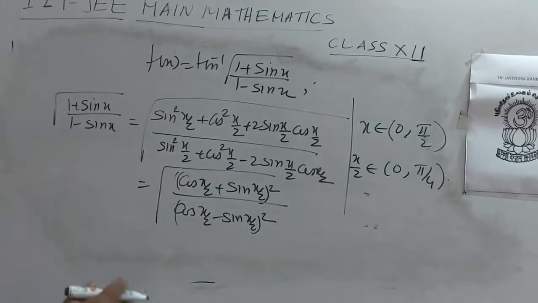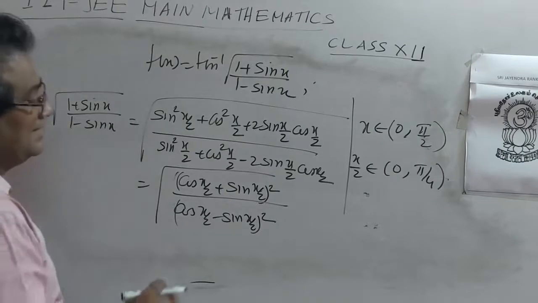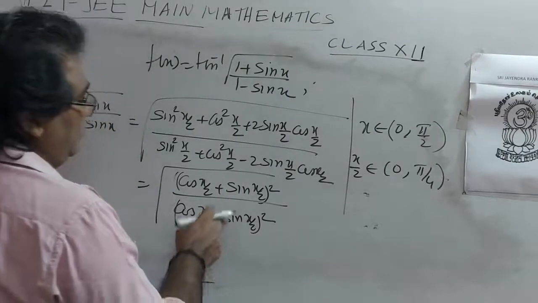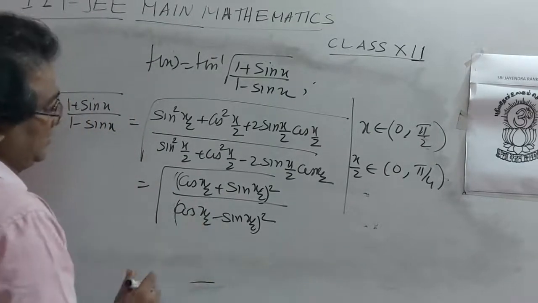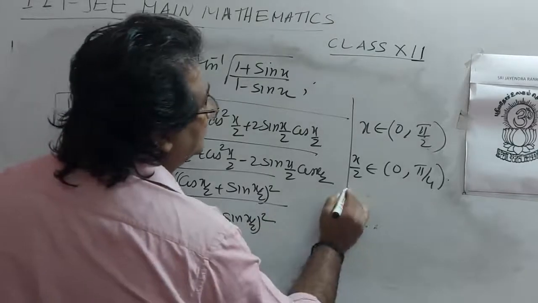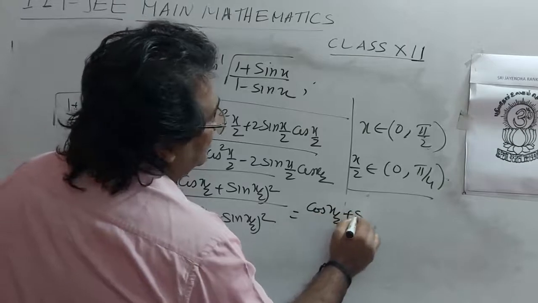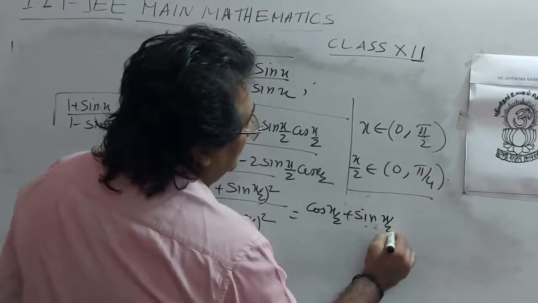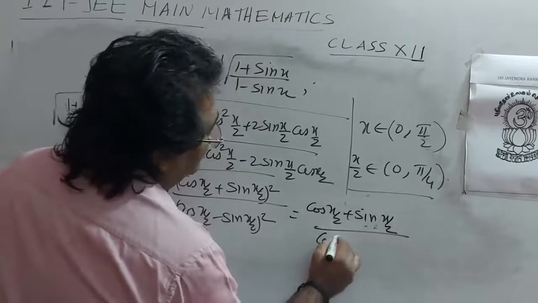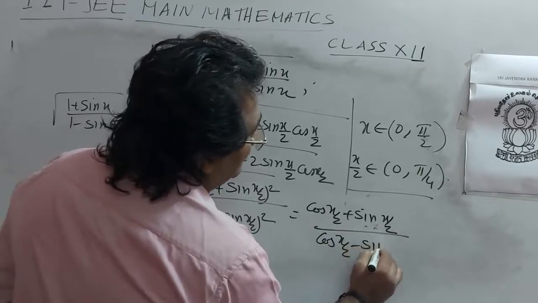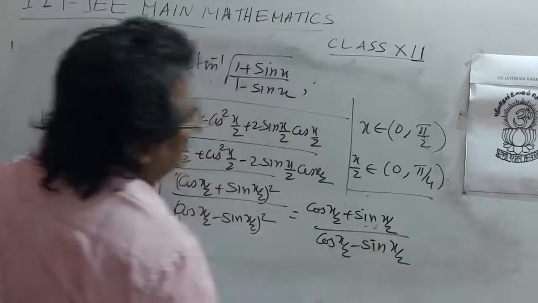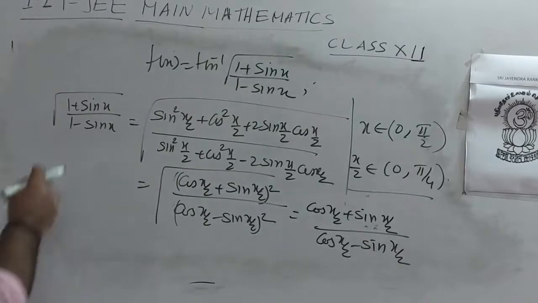In 0 to 45 degrees, the cos value is greater than the sin value. Therefore, we have to write cos x by 2 minus sin x by 2 for the denominator, and cos x by 2 plus sin x by 2 for the numerator.